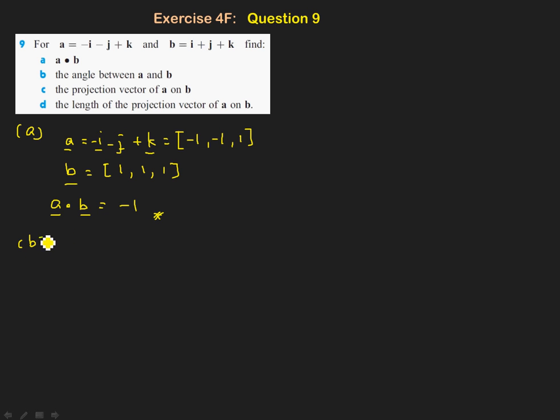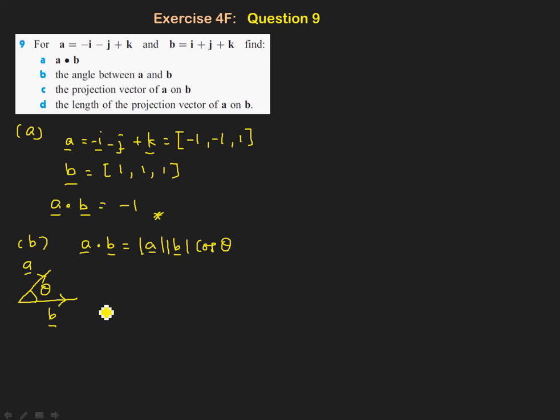The other thing is the angle between A and B. If you recall, there's this formula or geometrical definition of the dot product of two vectors, where theta is the angle between the two vectors.